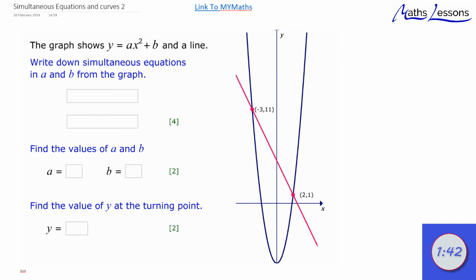If you're struggling with this, just think about putting these numbers into the original equation.